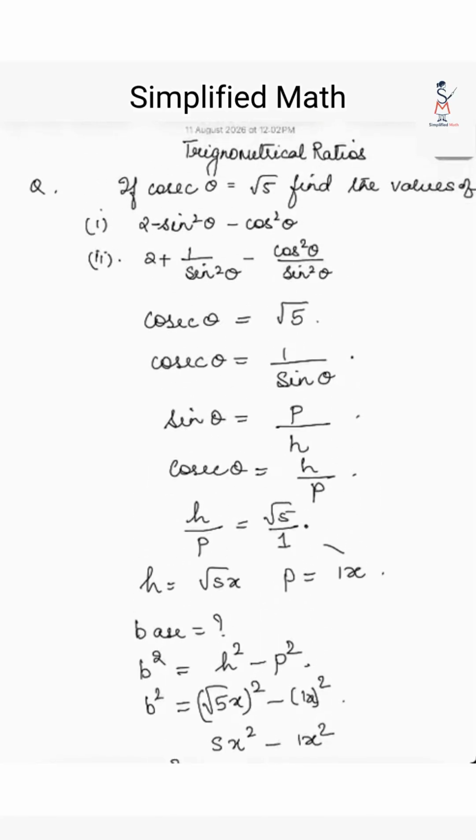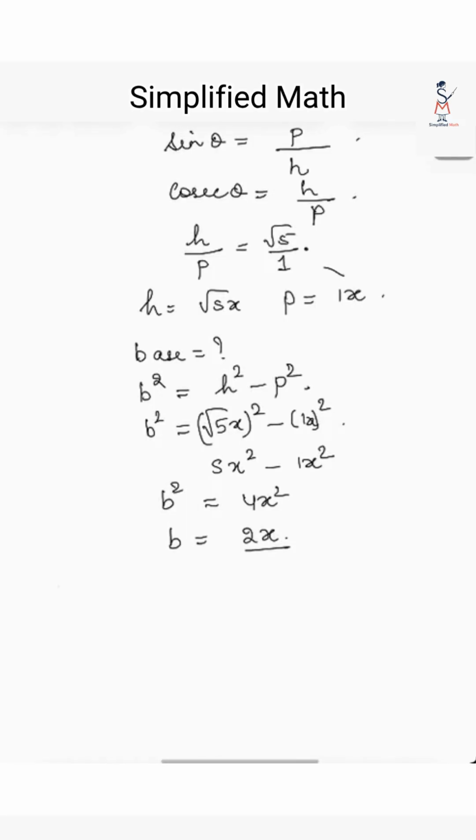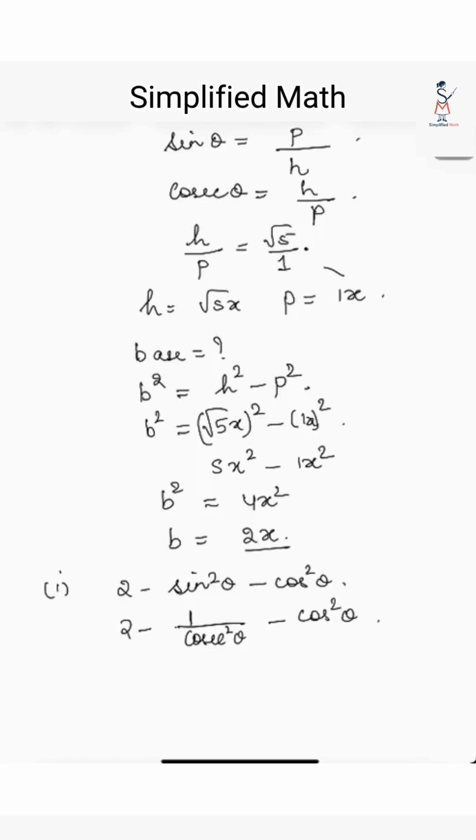Now what we have to find? We have to find 2 minus sine square theta minus cos square theta. The first one is 2 minus sine square theta minus cos square theta. Right? What is sine square theta? It is the reciprocal of cosec square theta. So instead of sine square theta, we can even write 1 by cosec square theta minus cos square theta.